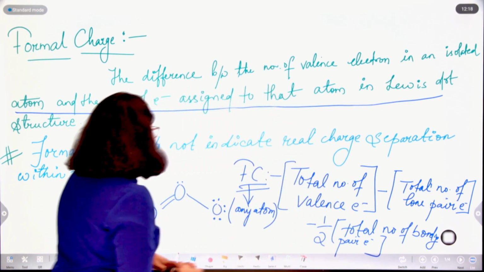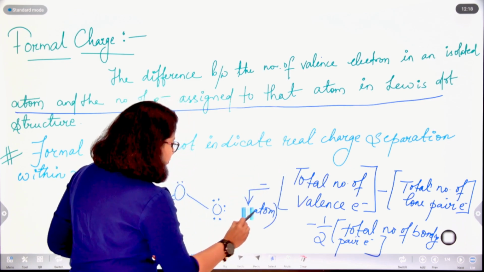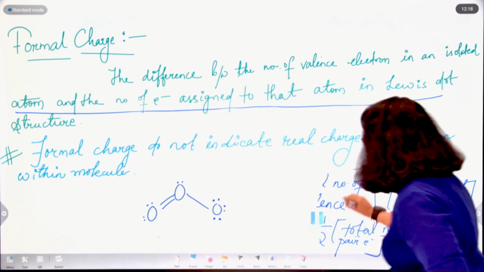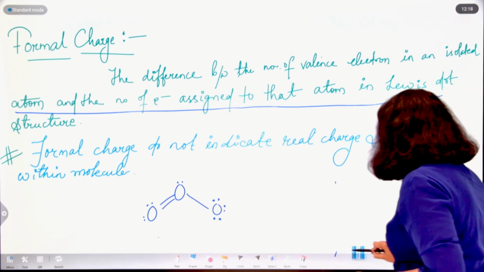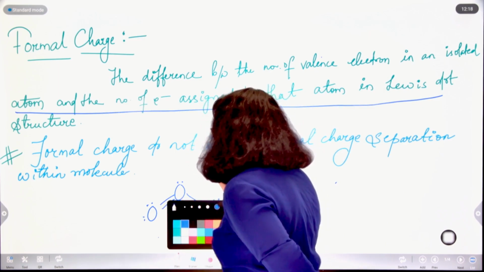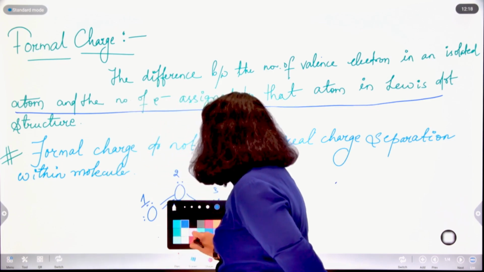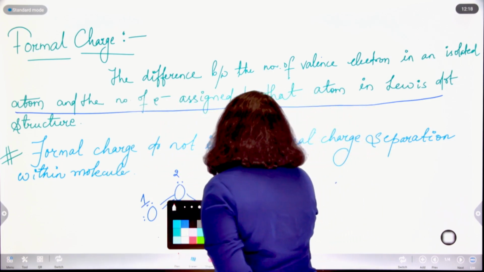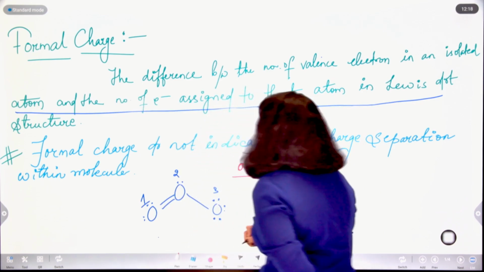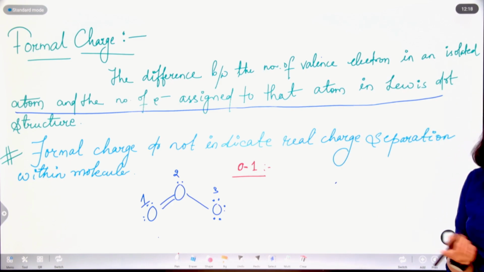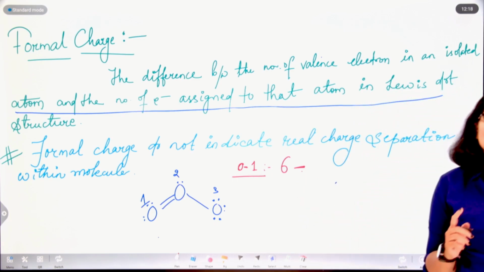So if I consider ozone, the structure of ozone is given as follows. It is basically the Lewis dot structure of ozone. Now if I number the oxygens 1, 2, 3, the formal charge for the first oxygen: the total number of valence electrons around the oxygen is 6, minus the total number of lone pair electrons.